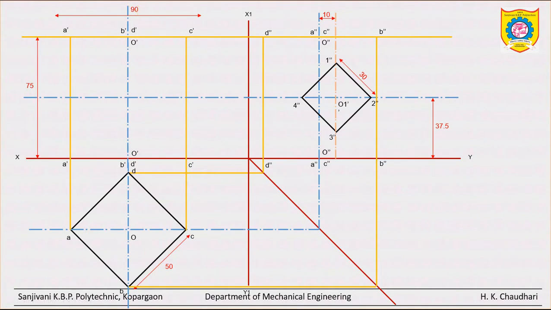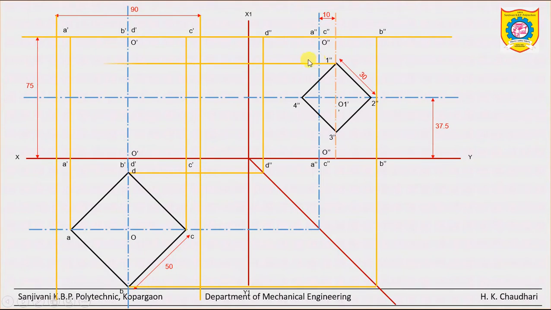Again, if it is not given, we can assume. Clear? So draw the end projectors of these faces. On this vertical projector there will be the left face, and here on this line will be the right face.